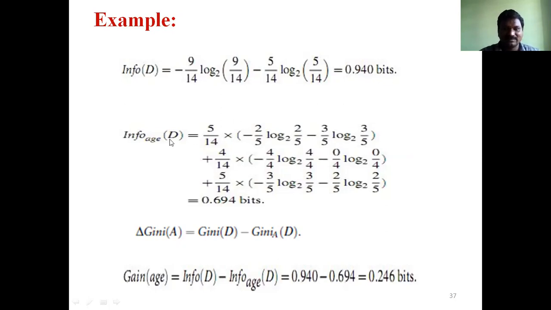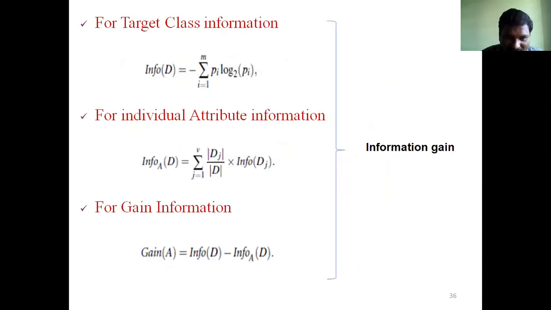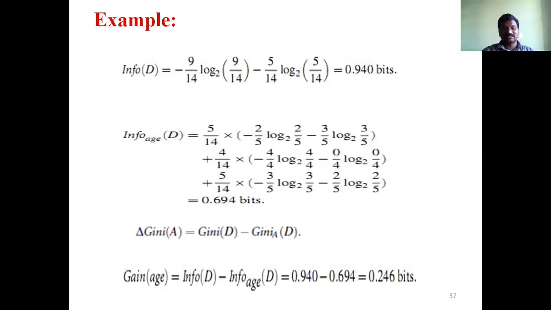Information of age. First I am calculating the information of age. How can you calculate the information of age? Information of A of D equal to summation j equal to 1 to v, Dj divided by D, into information of Dj. How can you calculate that value here?